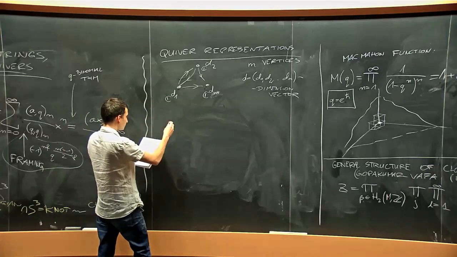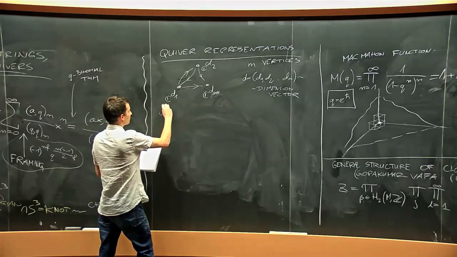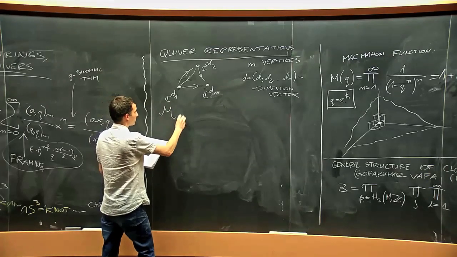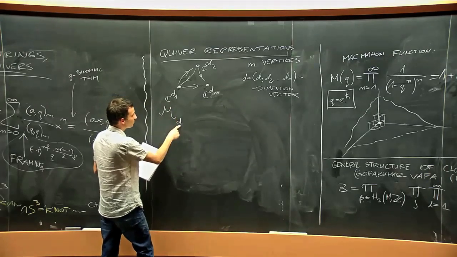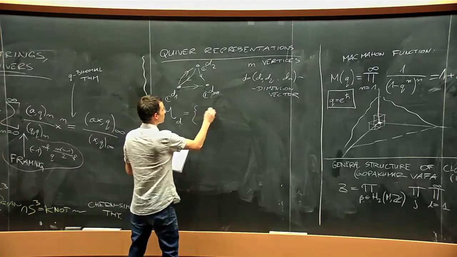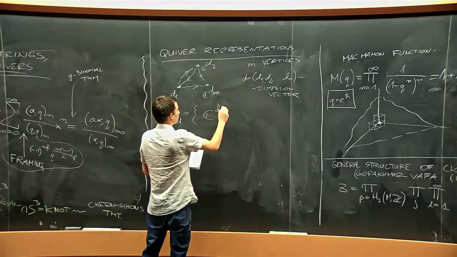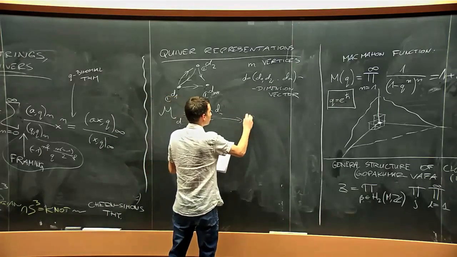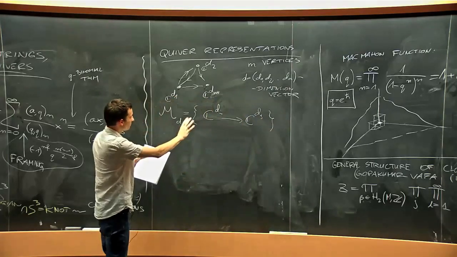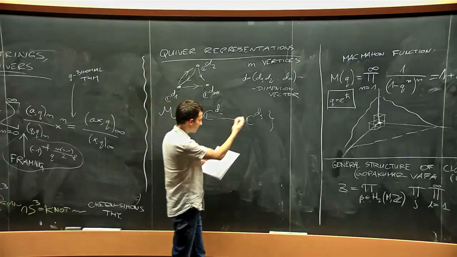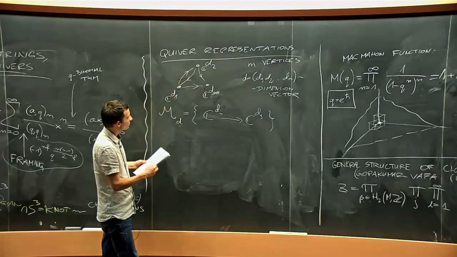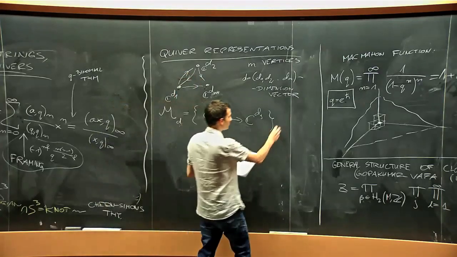And what mathematicians are interested in is the structure of the moduli space of all such maps. So let me fix some particular dimension vector, and then schematically this moduli space is the moduli space of all possible maps, possibly with some additional conditions like stability conditions, and one could also introduce certain relations or so-called superpotential, which I ignore for a moment.